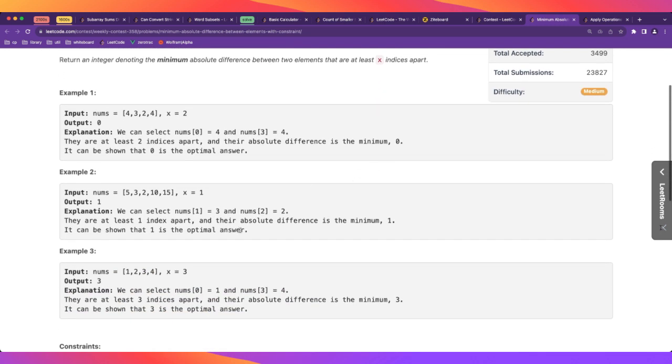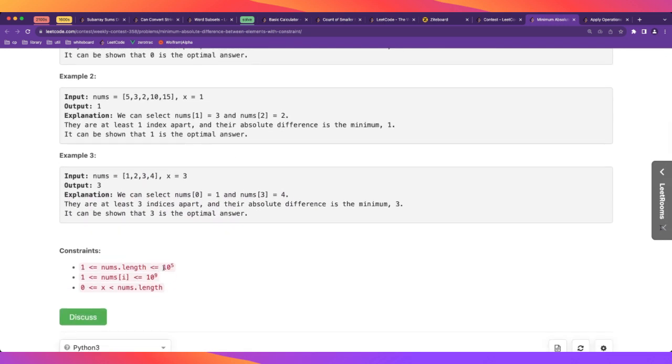But since this is a medium, probably this is a bigger size. This is a very common maximum size. And essentially what it means is that you cannot do an n-square solution, because that would take roughly 10 to the 10 iterations, and that's too much in LeetCode.